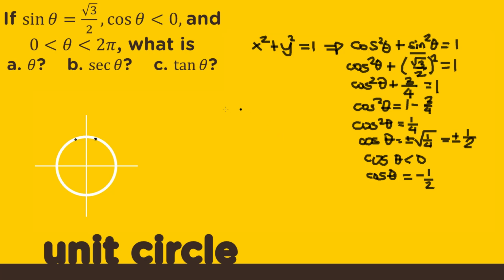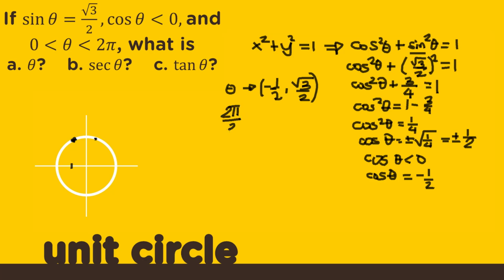This would mean that our theta will have the coordinate of a combination of our cosine, negative 1/2, and our sine, which is square root of 3 over 2. Where could we locate this? So negative 1/2 is somewhere here, and square root of 3 over 2 again is closer to that. This is the terminal point. If you can still remember, this is actually a special coordinate of 2 pi over 3.